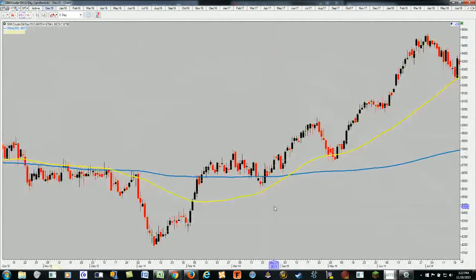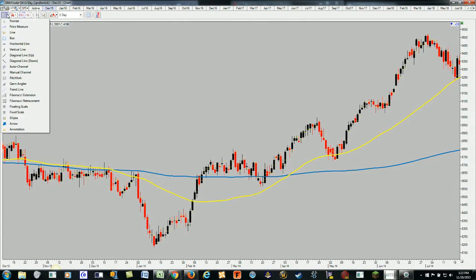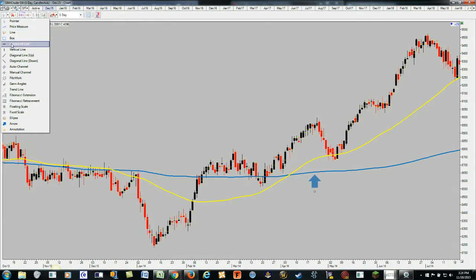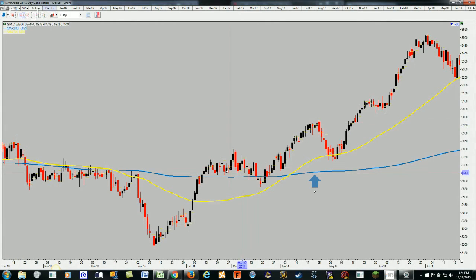Now, we determine the uptrend to be the exact opposite of the downtrend. So here is our 200 bar, right in this area. Here is our 50 bar, crossing over right about here.